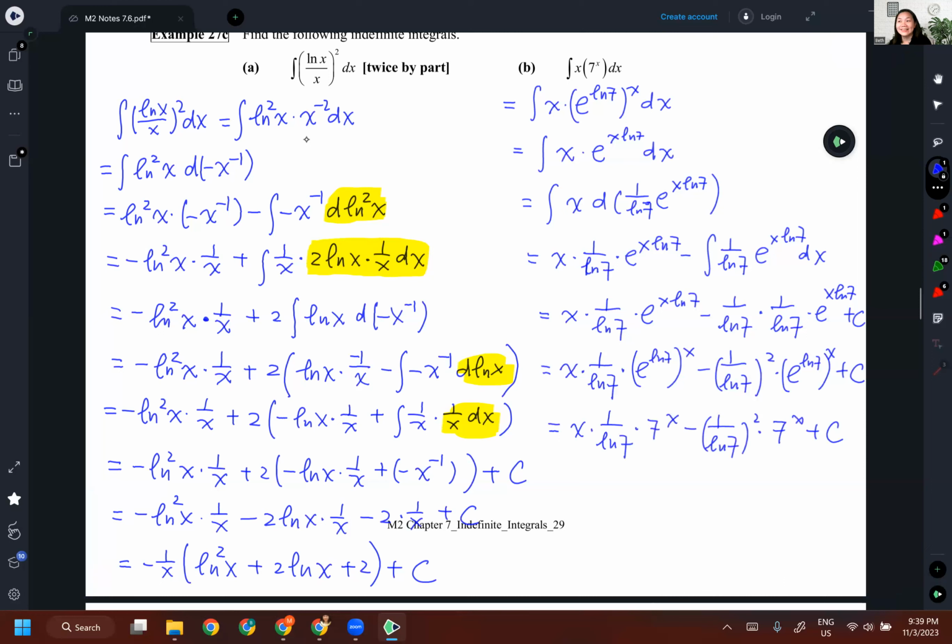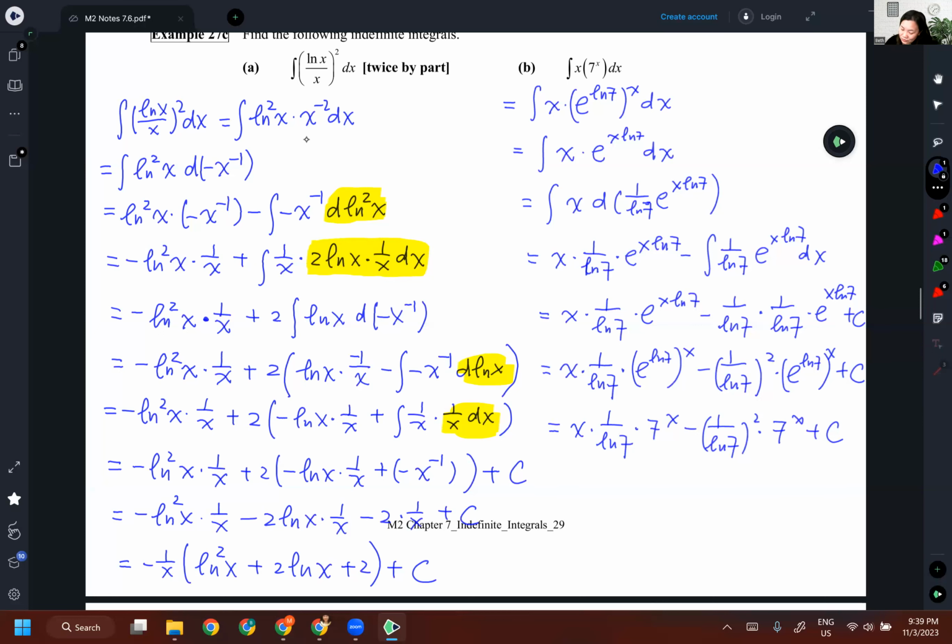Is that okay? I'm not sure whether or not, because in the public exam this did appear once with a different base. So I guess you have to know how to do the different base one.